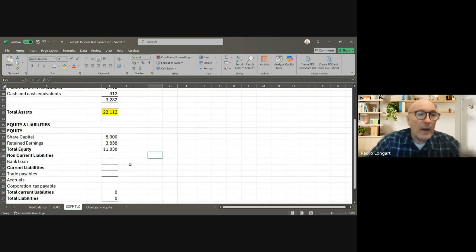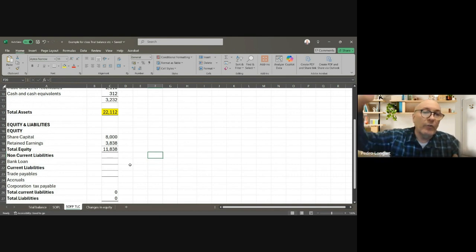Now, let's actually move on to liabilities. I have non-current liabilities. That means for more than a year. Companies take bank loans that they pay over 5, 7, or 10 years, depending on the negotiation that they have with the bank. But they have to pay that over a number of years.